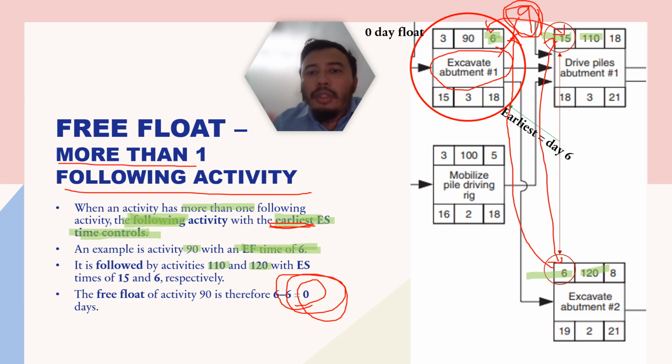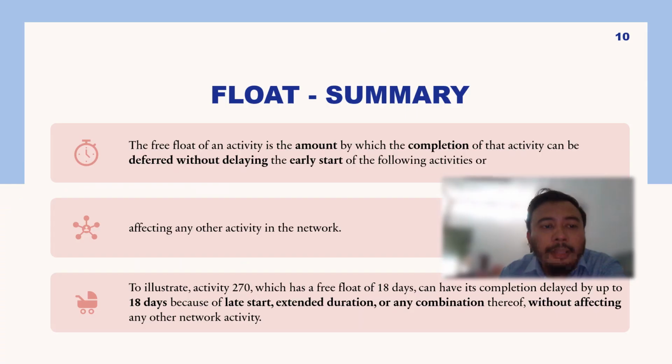So when activity 90 finishes at day 15, it will cause delay to activity 120. That is a defect if you wrongly determine the free float days for each activity. So it's better to be sure, especially if the activity has two succeeding activities, as in this slide. So we can summarize it.